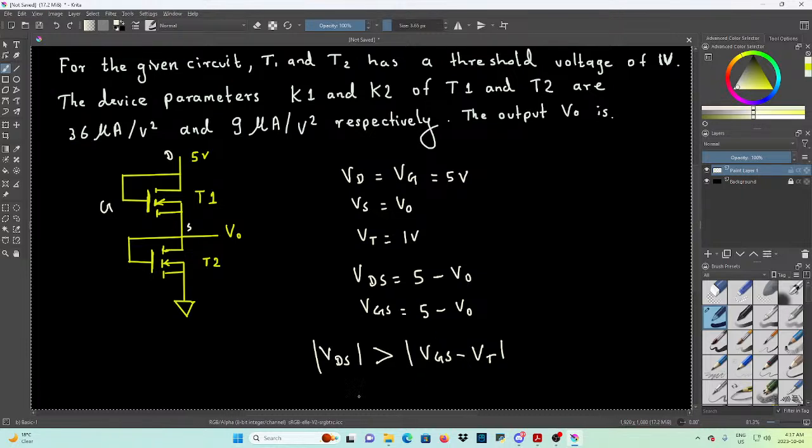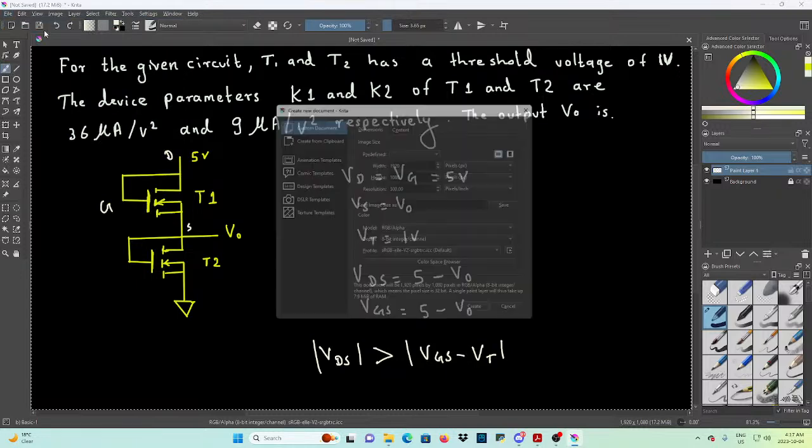From this you know that this is in saturation, because the condition for saturation is VDS should be equal to or greater than VGS minus VT. This is not equal, but it's greater, satisfying the condition for saturation. So this one is in saturation right now. Let's continue on the next page.